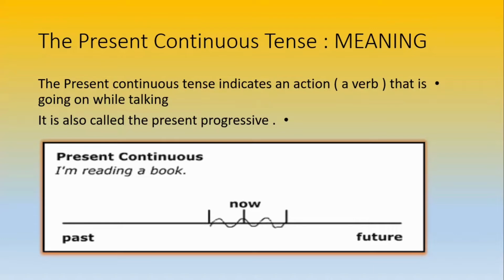So this is the meaning of the present continuous. The verb started a short time before now, it is going on now while I'm talking, and it will go on for a very short time in the nearest future afterwards. This is what we mean by the present continuous or present progressive meaning and the timeline.